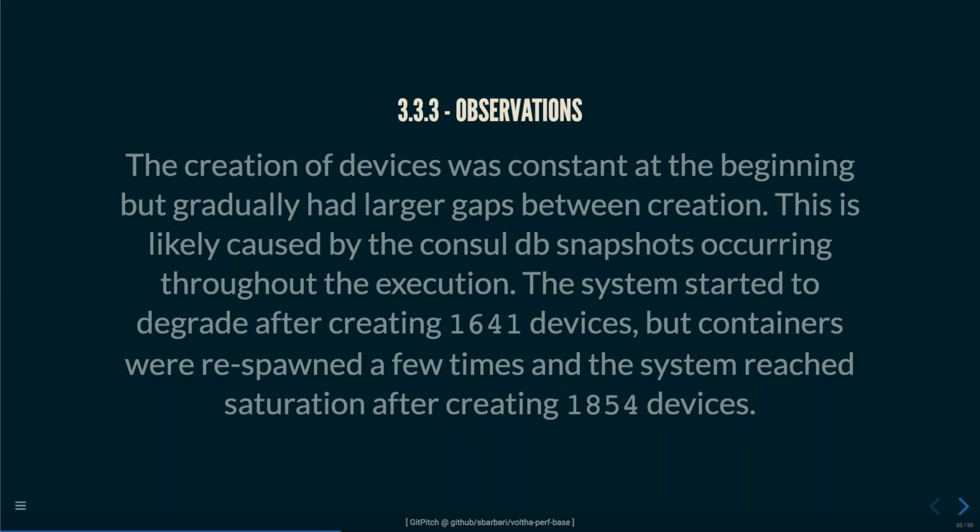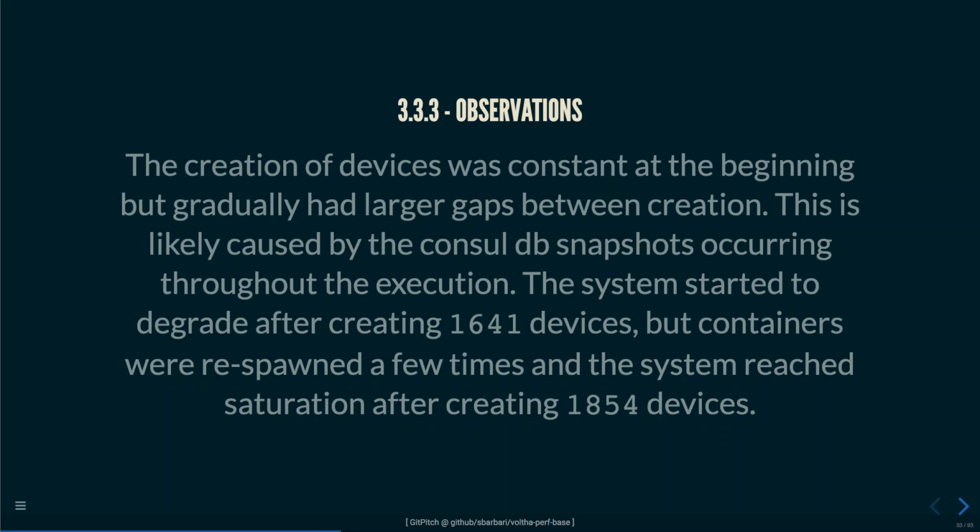For Consul, it was pretty constant like the other two, but we did notice more gaps as the scenario went through, caused mostly by the DB snapshots that Consul was doing every so often.